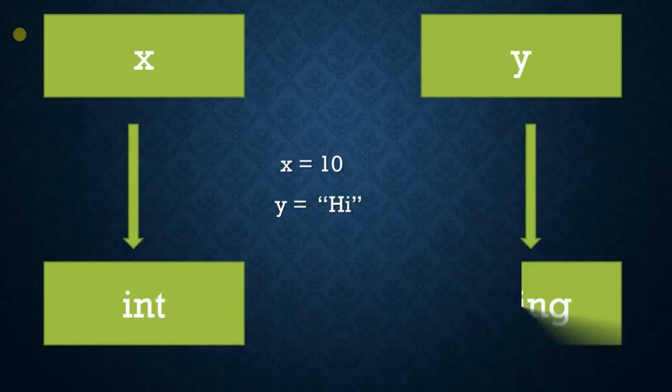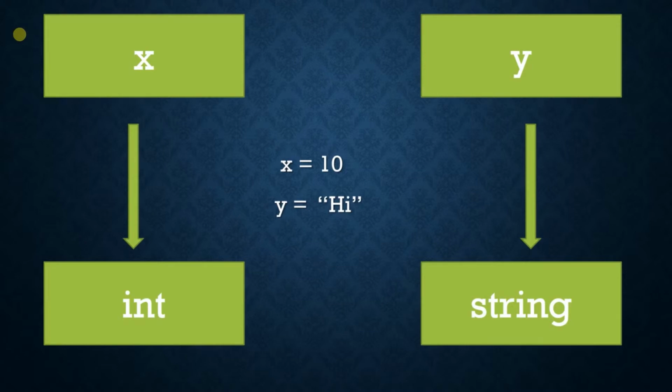Now Y on the other hand is a string because it stores a word. Hi is a word. So anything written in double quotes or single quotes in Python is treated as a string, and numbers are treated as integers. For example, our X is equal to 10.